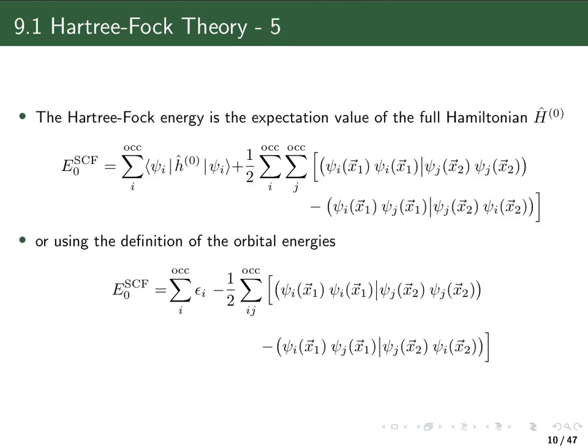So let's look at the expression for the Hartree-Fock energy. As I said, it's the expectation value of the full Hamilton operator. And there we now get the sum of all the kinetic energy and electron-nuclear attraction contributions, because we sum here over all occupied orbitals. And then we have a double sum over all the occupied orbitals, but we have in front of it 1 over 2 times the integrals here, which represent the averaged electron-electron interaction.